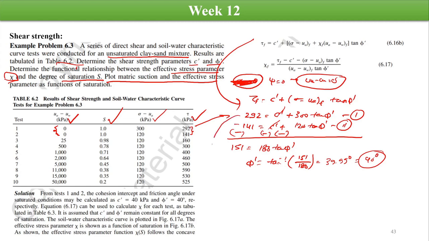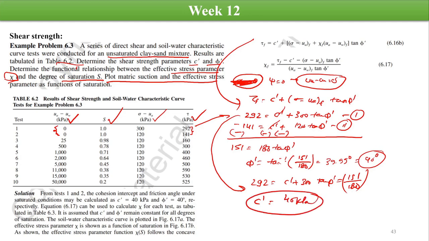If we put this in either equation 1 or 2, we obtain c dash. Tan phi dash is nothing but 151 upon 180, so c dash is 292 minus 300 into 151 upon 180. We get a c dash value of around 40 kPa, and phi dash is 40 degrees.